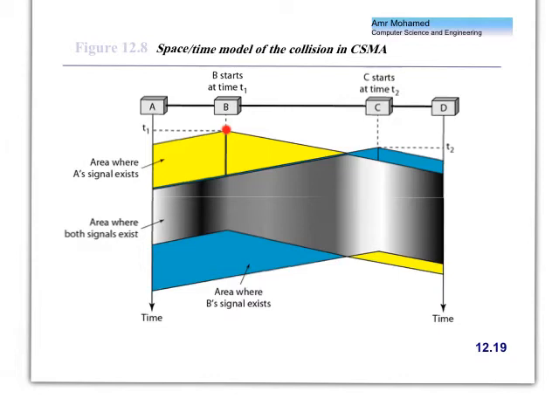Then it checks whether there is any energy over the line. It doesn't find any because no one is sending. At this point in time, no one is doing anything. So the channel is idle, so it sends.